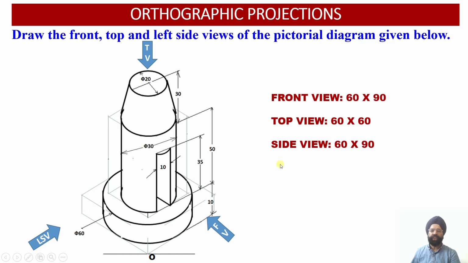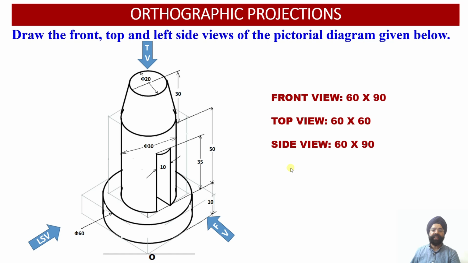So the top view will be a square of 60 millimeter by 60 millimeter edges. Then as we move on to the side view, we are going to get the depth of the solid, which is again equal to 60 millimeter, and the height of the solid will be equal to 90 millimeter.